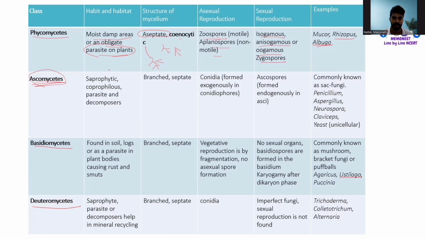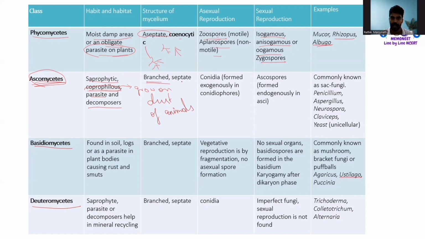Coming to the ascomycetes, they are saprophytic, coprophytic, parasitic, and decomposers. When I'm talking about coprophytic, they normally grow on or depend on dung of animals. And what about the mycelium structure?